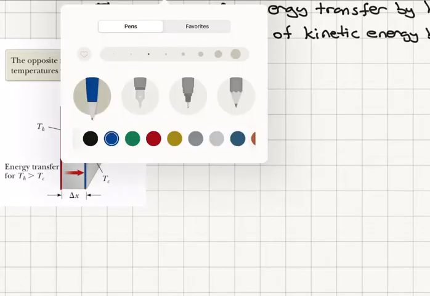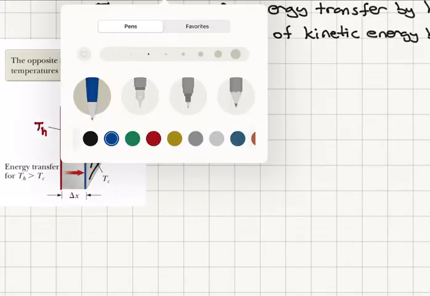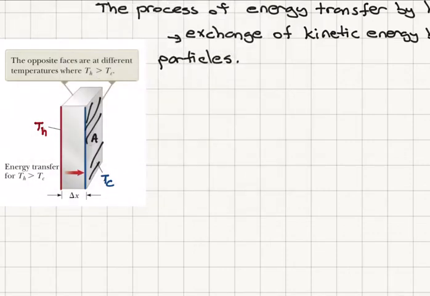And if this sample has a surface area A, so we take basically a slab here, that's going to be the cross-sectional area, and the temperature on one side is TH, that's the hot side. The temperature on the cold side is TC, and we know that heat must flow from the hot side to the cold side, because in order to reach thermal equilibrium we have to have flow from the hot to the cold side. And I see that this slab has a thickness delta X.